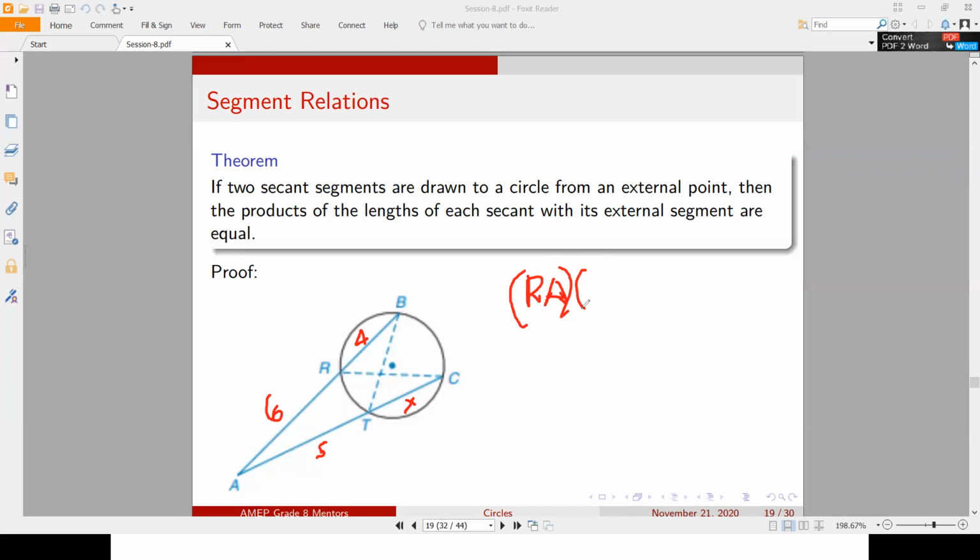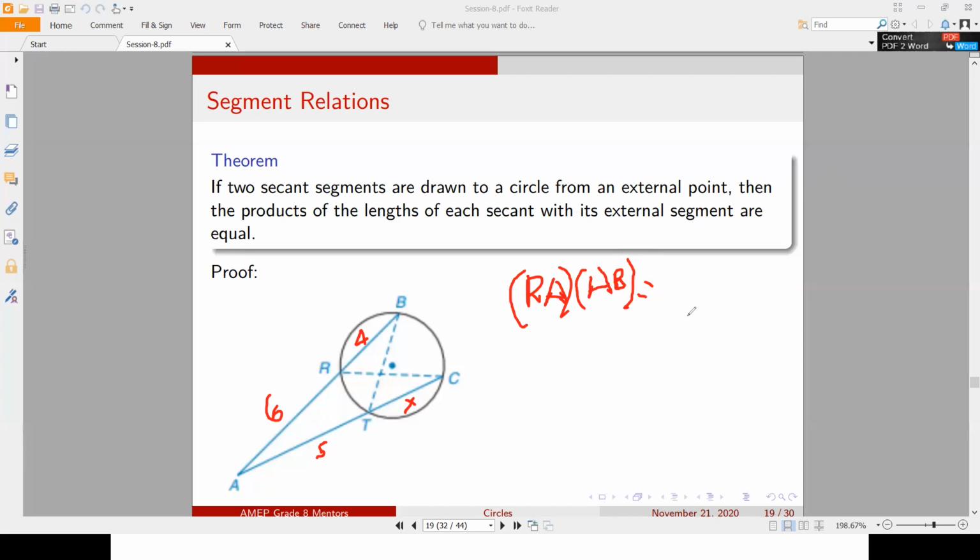Our secant is AB. Okay? So, ang buo natin ay AB at ang kanyang external part is RA. Gets po yun? Yes, AB sir. At ang external part natin is si RA.